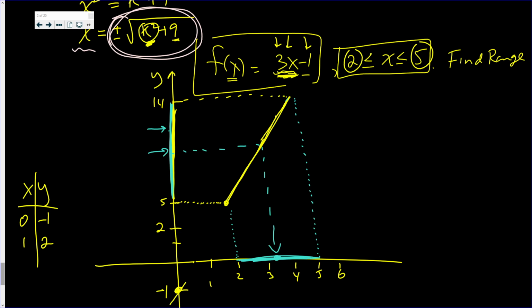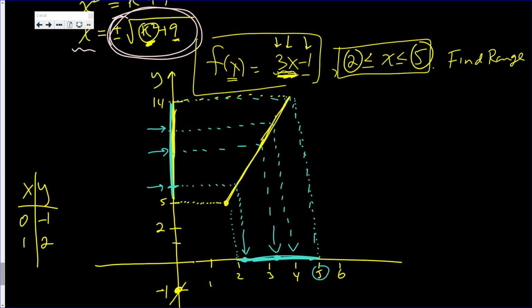I can find f of that value by using that x value. It's in between 2 and 5. This value is in the range because if I take f of that value, I'll get that number, and this y value is in the range. I can get 14 by taking f of 5, and 5 is allowable.